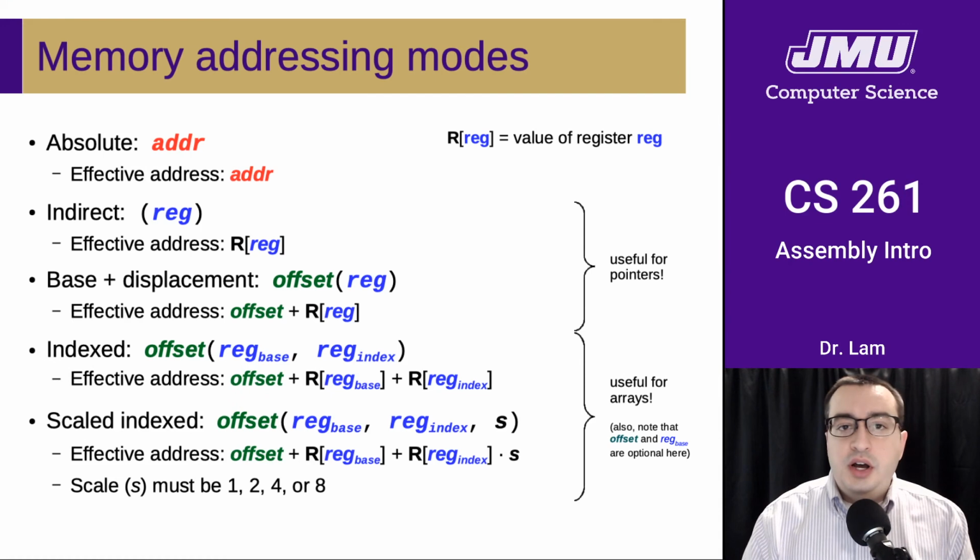There are also a couple more complicated addressing modes that we're not going to spend a ton of time on right now. They'll be more useful once we start working with arrays. But there is indexed addressing mode and scaled indexed addressing mode. Both of these have the potential for using two register values, which are added together, and optionally one of them can be scaled by a particular constant number.